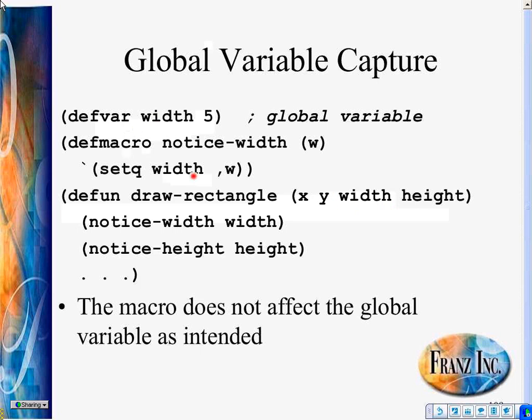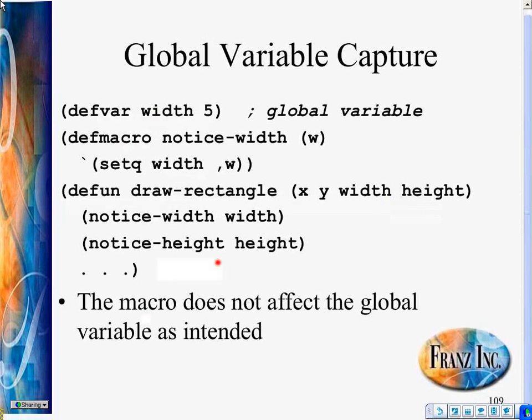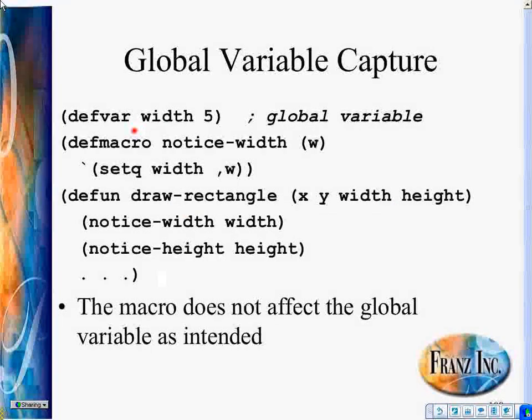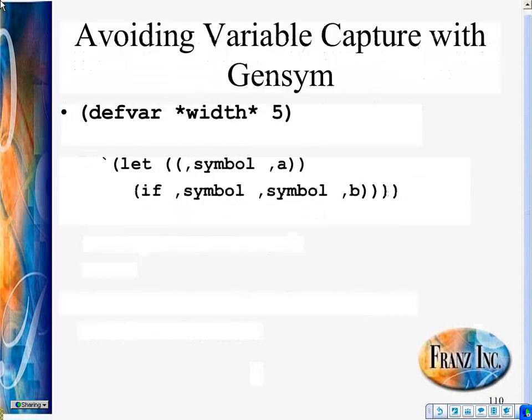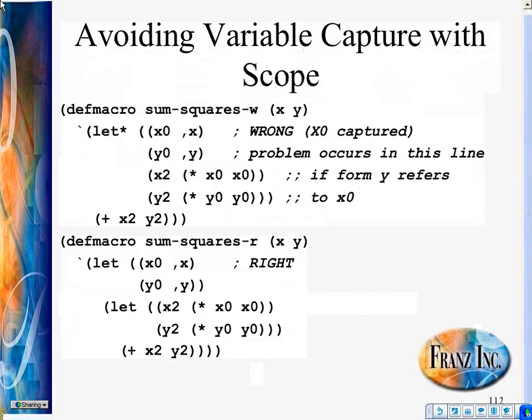That convention is not a requirement. This is all perfectly legal code. Even though it doesn't do what you want, it's not illegal. But that convention of naming global variables with stars around them is one that works out. And so you would avoid it in this case, and that's what this slide says.